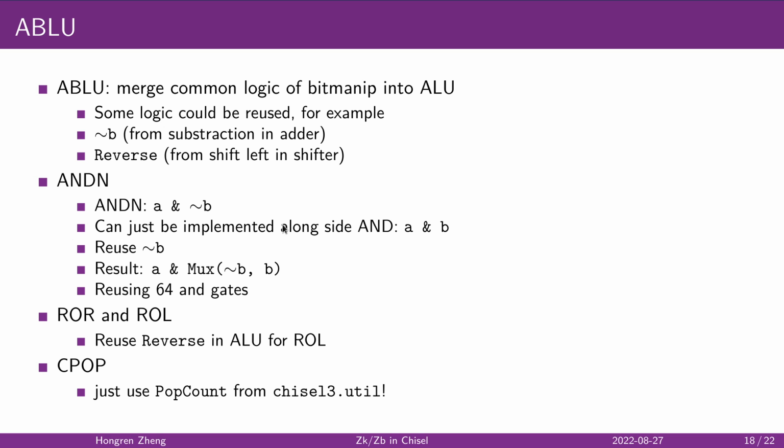For AND negate, we can just implement it alongside the original AND, and we can reuse the negate and reuse the AND gate. Also, for rotation right and rotation left, we can reuse the reverse, and we can implement rotation left by rotation right. And for C-pop, we can just use the pop count in the Chisel utility.